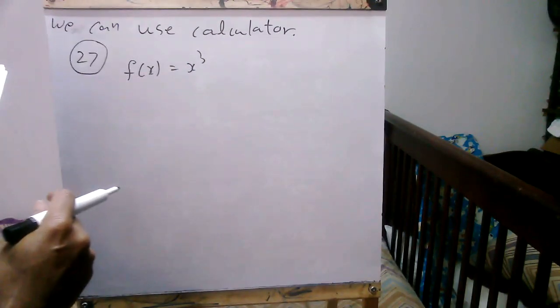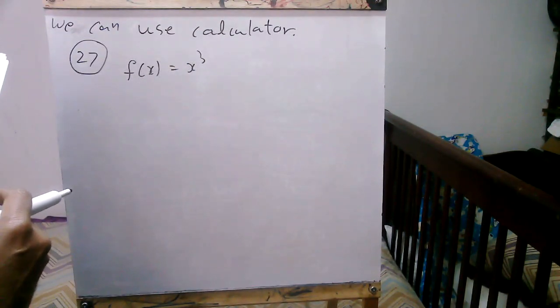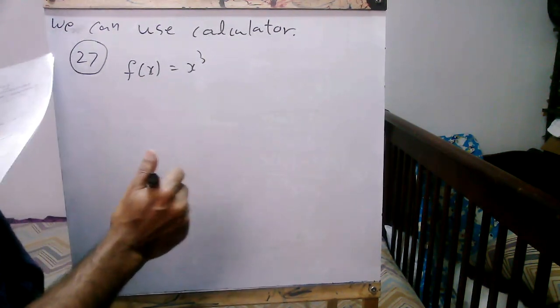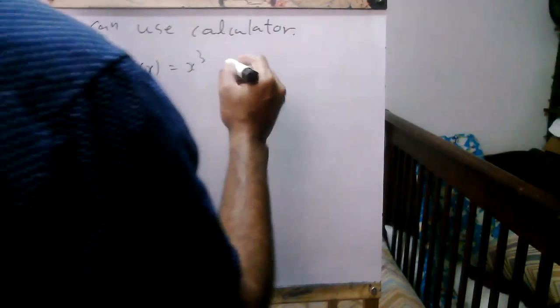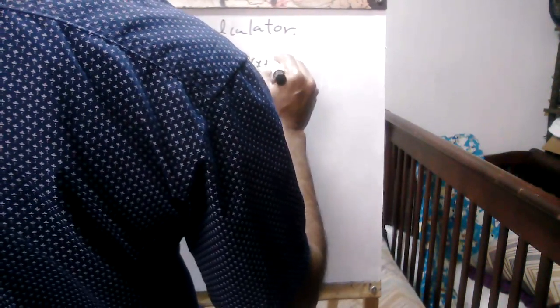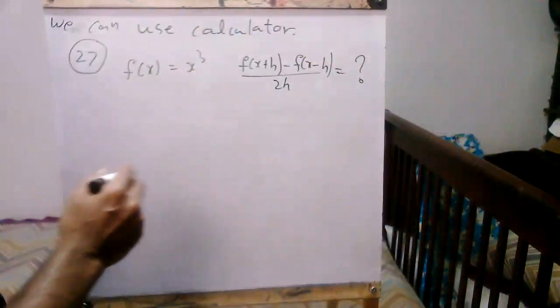Then f(x plus h) minus f(x minus h) divided by 2h. We have to find this ratio. Equal to what? Is the question asking.